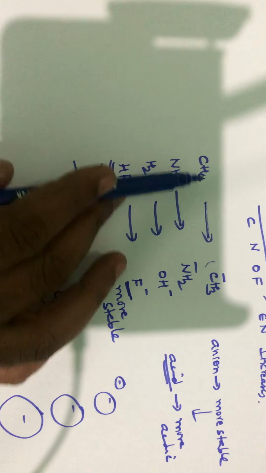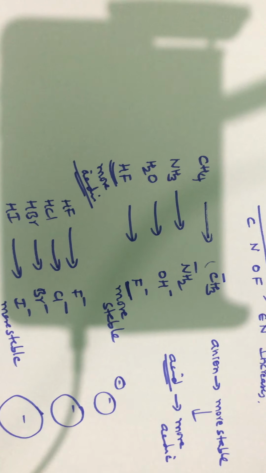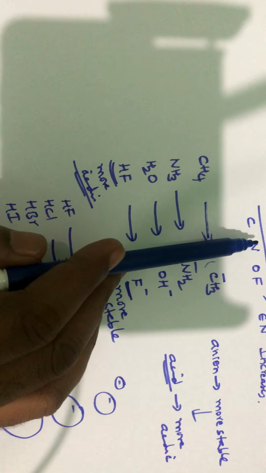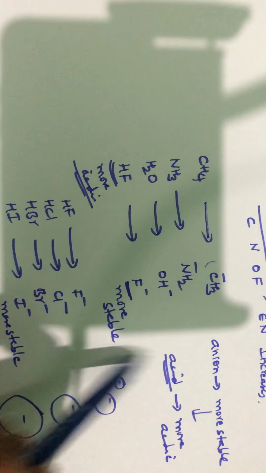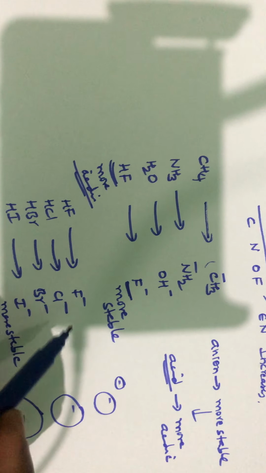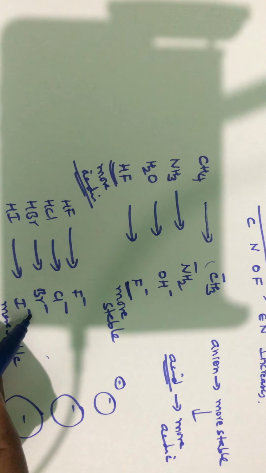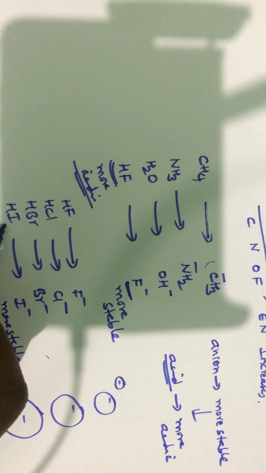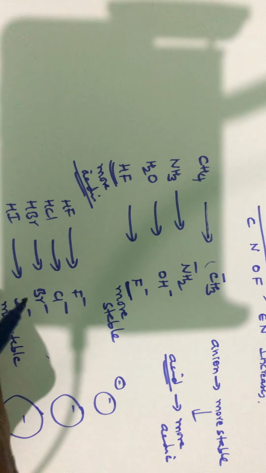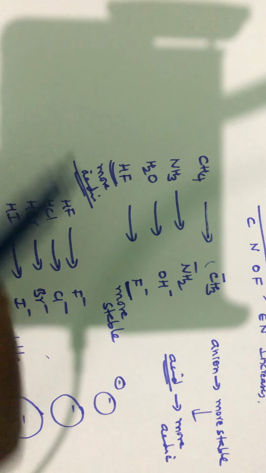As we move across the period, electronegativity plays a very important role. As we move down the group, the size plays a very important role. So as we move down the group, the size of the anion increases, and the stability of the anion increases. If the stability increases, the acidic nature of the acid increases. So HI is more acidic than HBr, HBr is more acidic than HCl, and HCl is more acidic than HF.